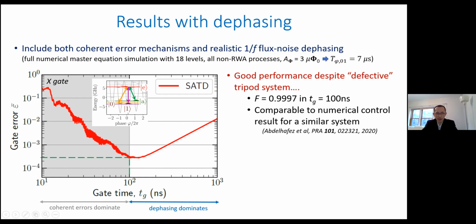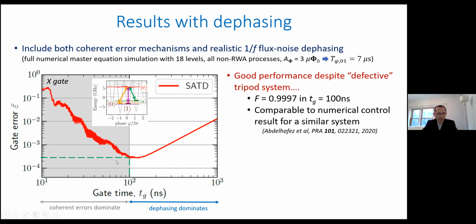And we also take into account all the non-RWA processes. So we are not really throwing away any complexities associated with the system. And we also include the most dominant error dissipation channel, which is the 1/f flux noise dissipations.